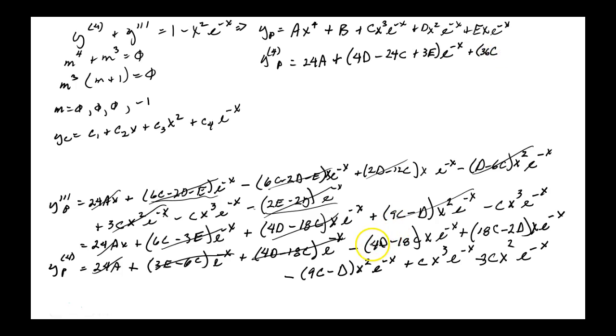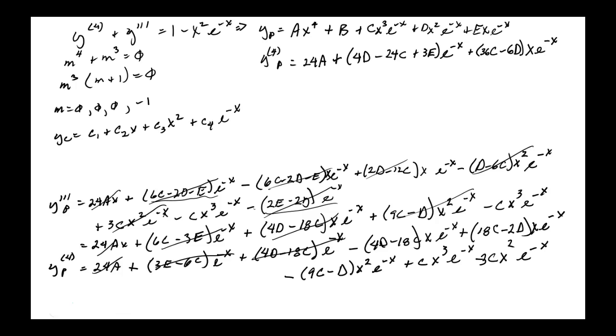And then we have a minus 4d and a minus 2d, so that's minus 6d times x e to the minus x. Okay? So that took care of those two fairly easily.